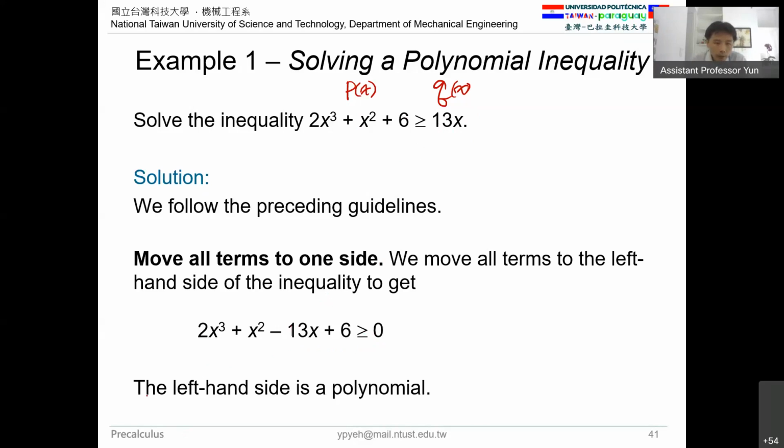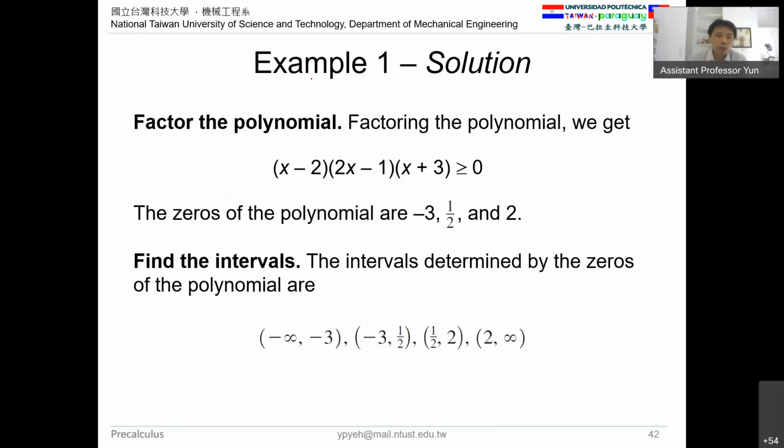And then the left hand side of these polynomial functions will form this form, right? Then in step 2, we factor these polynomial functions, which gives (x - 2) times (2x - 1) times (x + 3) on the left hand side, which is larger than or equal to 0.